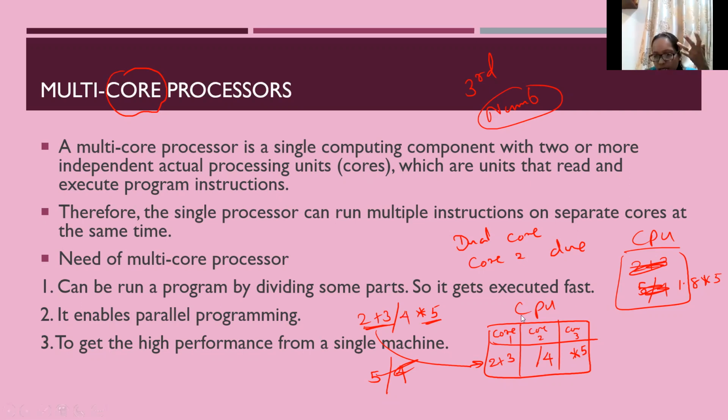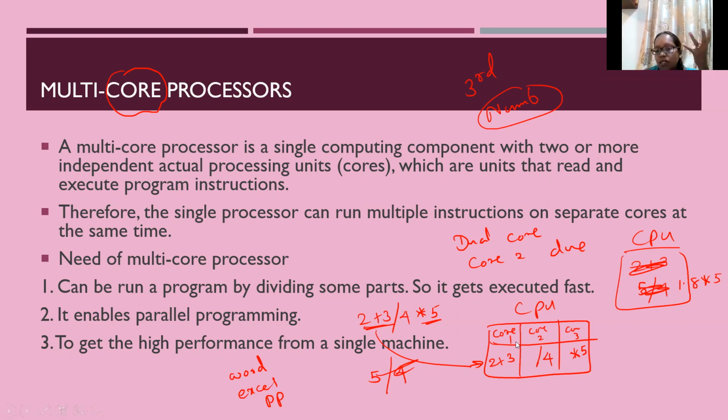So when the number of cores increases inside the CPU, you can do multiple tasks at the same time. Now I took here only one calculation. Say there are several jobs that you have to do. Say you have to type a Word document, then do some Excel calculations, and also a PowerPoint presentation. Now there are 3 jobs.